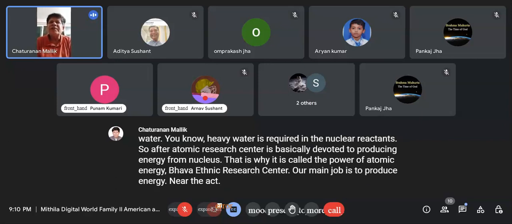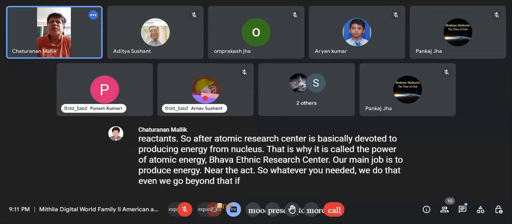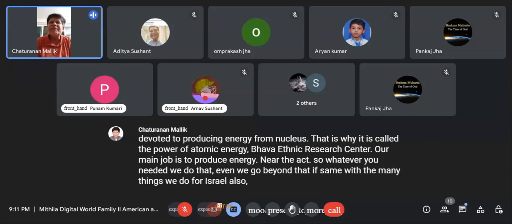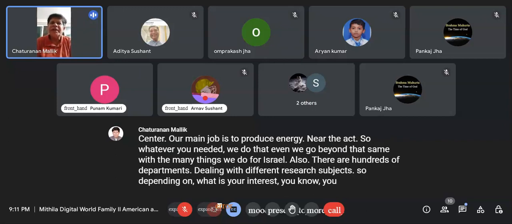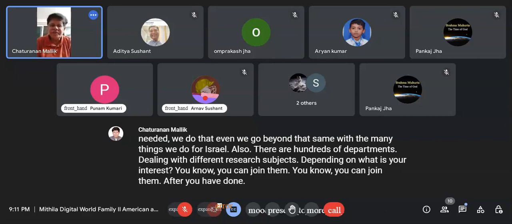So whatever is needed, we do that. Beyond that, there are many things we do for ISRO also. There are hundreds of departments dealing with different research subjects. Depending on your interest, you can join them after you have done your master's degree.